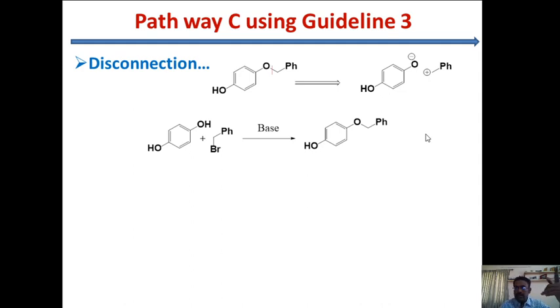We first eliminated choosing bonds A and B. The first you have to break is either C or D. Then we eliminated disconnecting bond D, because there also, in the second step of the disconnection, we had the problem of chemoselectivity. So we have chosen path C. First you break C, then D.